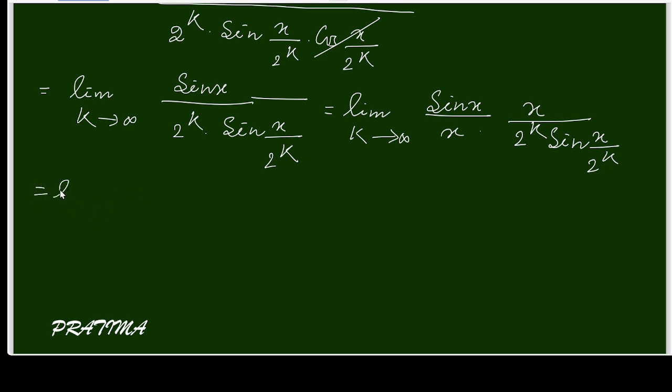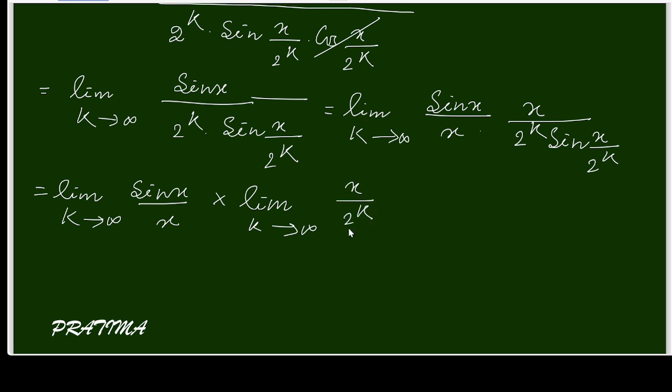So it will be limit k tends to infinity sin x times x over 2 power k over sin x by 2 power k.